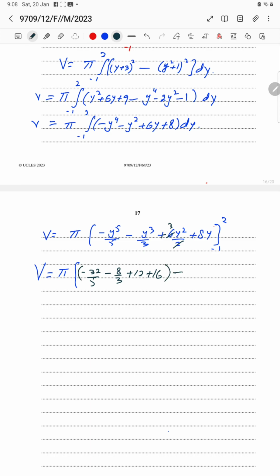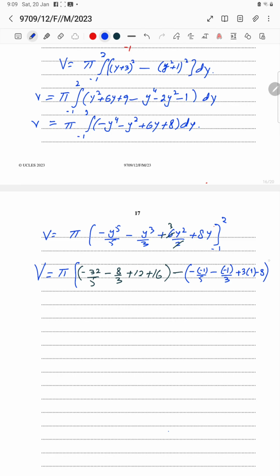Now minus the second case, the lower limit: minus (minus 1) to the power 5 is minus 1 by 5, minus (minus 1) cubed by 3, plus 3 times (minus 1) squared, which is 1, plus 8 times minus 1, which is minus 8.